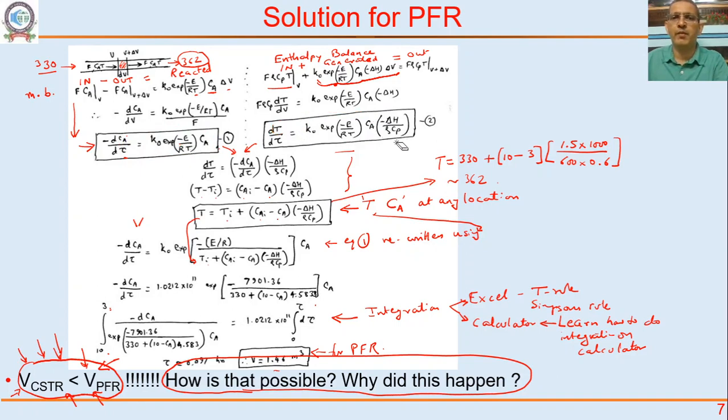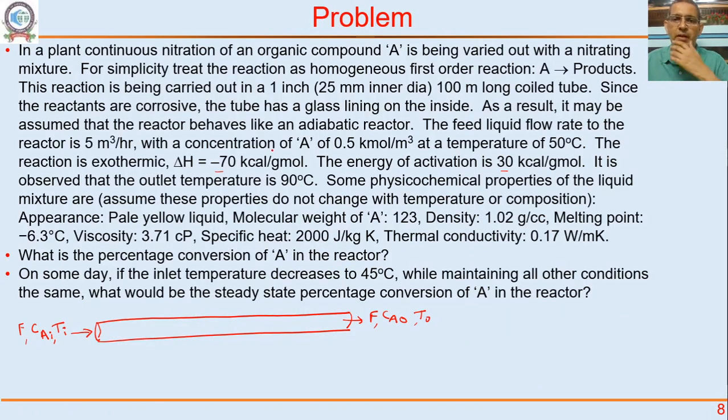For this particular problem, what do we know? We know inlet and outlet concentrations, we know inlet and outlet temperatures. What else do we know? Delta H we know, energy of activation we know. What else do we know? Try to find out whatever is unknown in these two equations. What things are known, what things are unknown. Try to find those out.